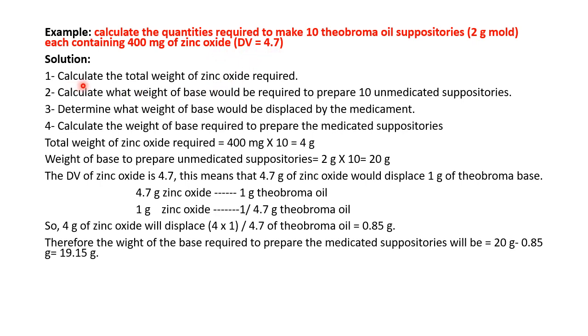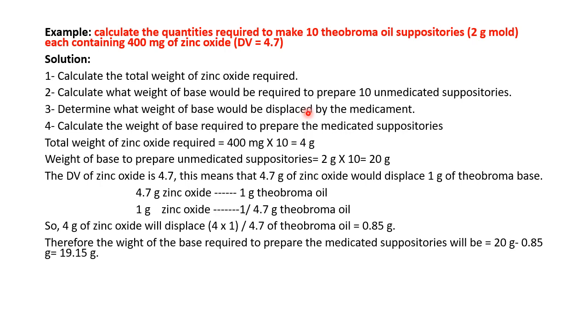So first of all, we need to calculate the total weight of zinc oxide required to prepare the 10 suppositories. Secondly, we need to calculate the weight of the base that would be required to prepare the unmedicated 10 suppositories before the addition of the active ingredient. And then determine the weight of the base that would be displaced by the medicament.